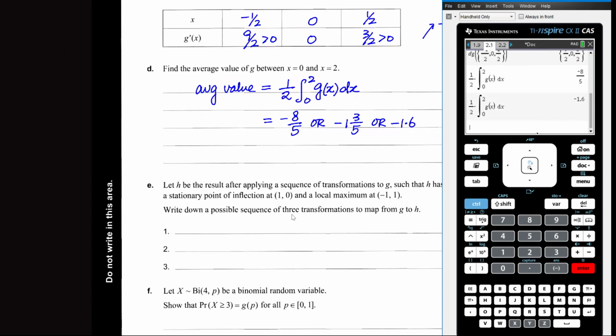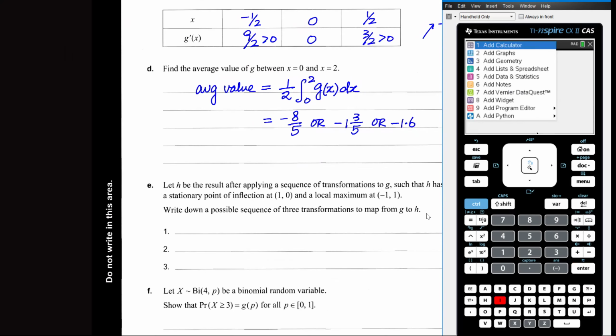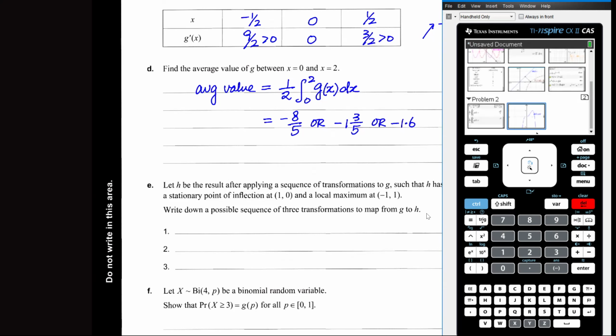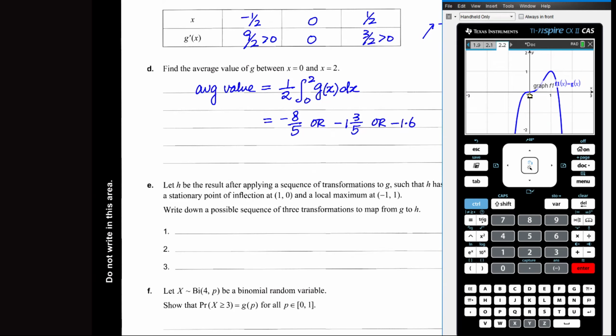Write down a possible sequence of 3 transformations to map from G to H. So if you look at the graph over there, if you want the point of inflection to be 1, 0 and a local maximum at minus 1, 1, basically on the G of X, the point of inflection is on the left side of the maximum. But if I want to switch them around, I probably need to use reflection. Let's see what happens.